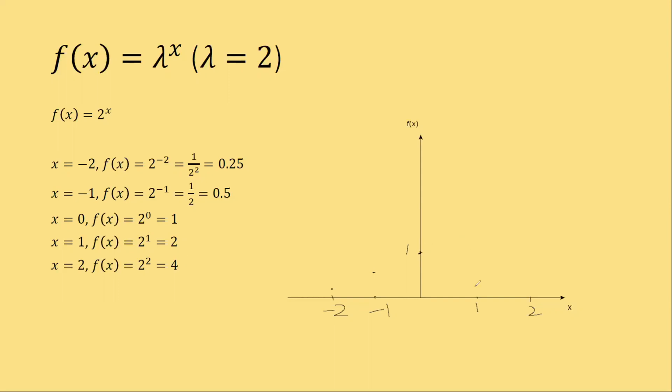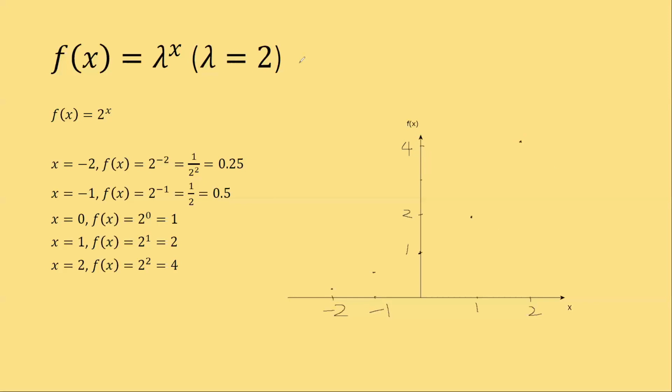When x equals 1, f(x) equals 2. That is probably somewhere here. And lastly, when x equals 2, f(x) is 4. So this is 1, 2, 3, and 4 is here.